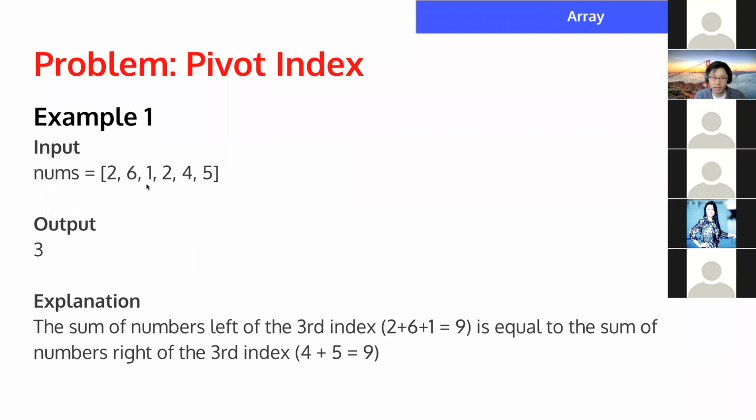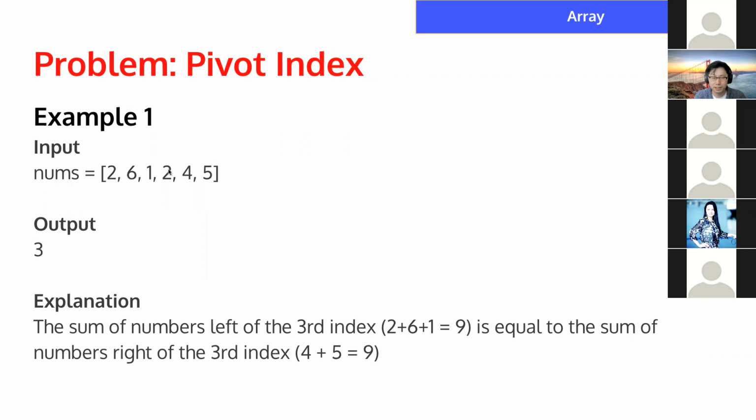Because you can imagine, if you add the sum of the numbers left of the third index, in which case it's 2, 6, 1. Sorry, I guess this should be 4. Well, 4 in terms of real life counting, but third index from a computer science perspective. So I guess we can just keep calling it the third index.